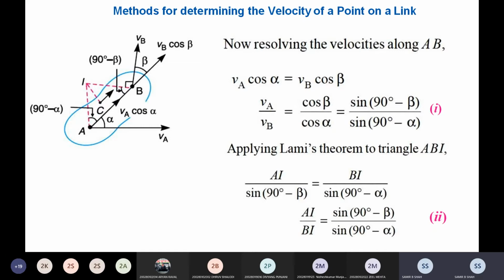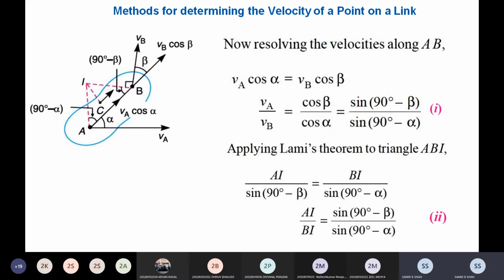If you take cos alpha and cos beta, then we can consider that cos beta by cos alpha is equal to VA by VB, or we can say sin(pi/2 minus beta) divided by sin(pi/2 minus alpha), or sin(90 minus beta) divided by sin(90 minus alpha).